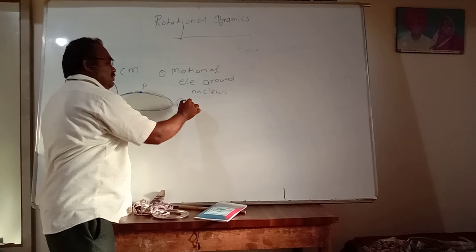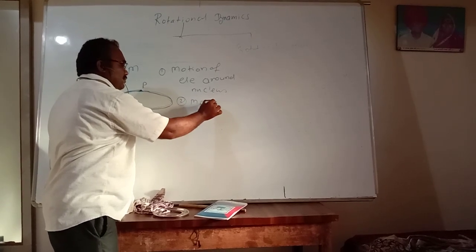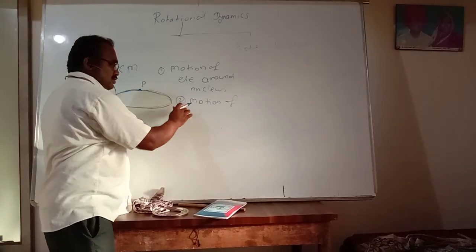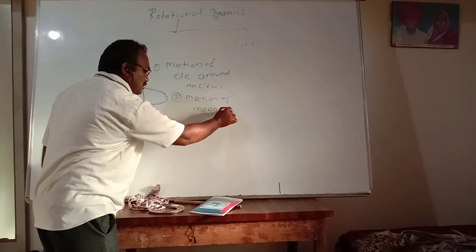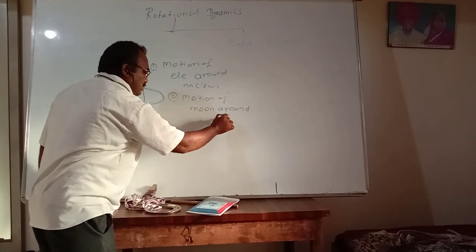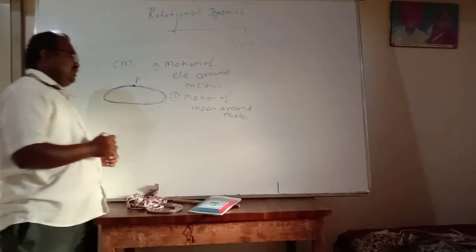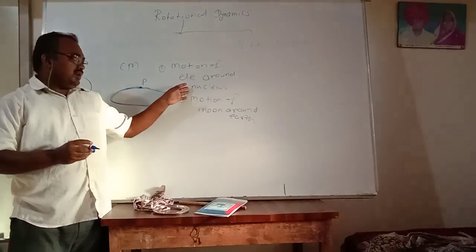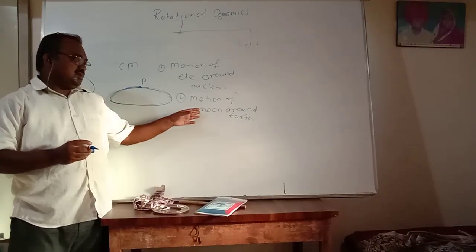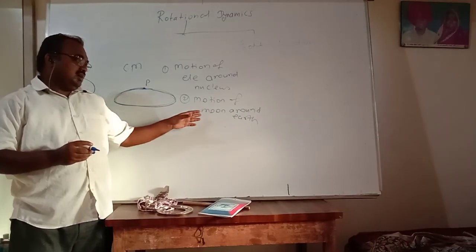Second example, motion of moon around the earth. There are a number of examples, but you have to remember these two: motion of electron around the nucleus, and motion of moon around the earth.